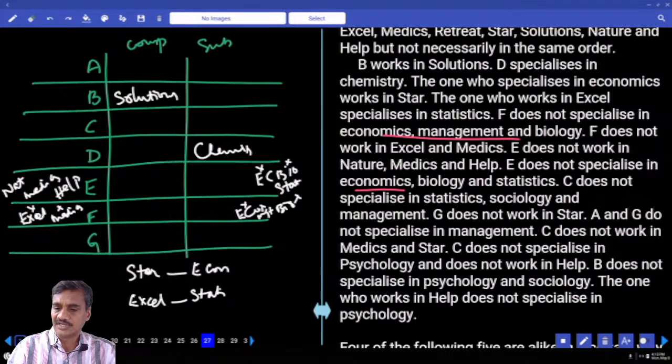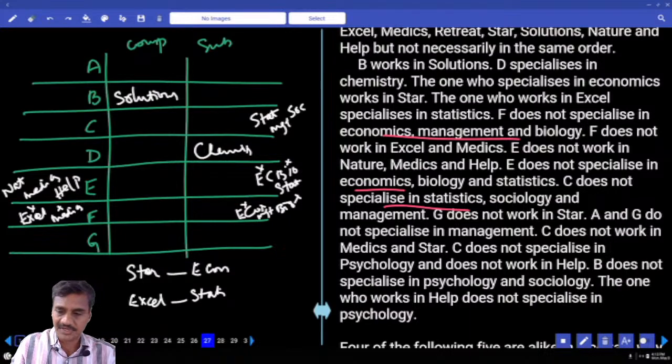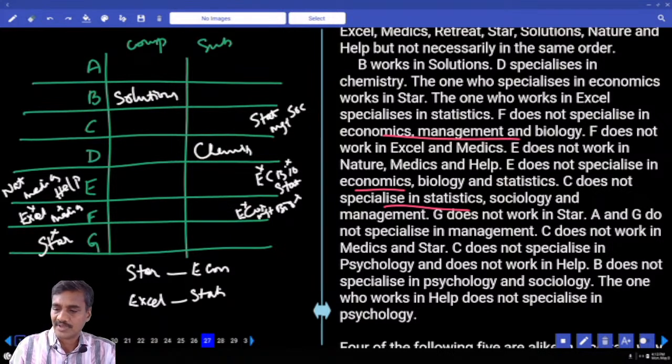C does not specialize in statistics, sociology and management, so these are ruled out. G does not work in STAR, so G and STAR is ruled out.